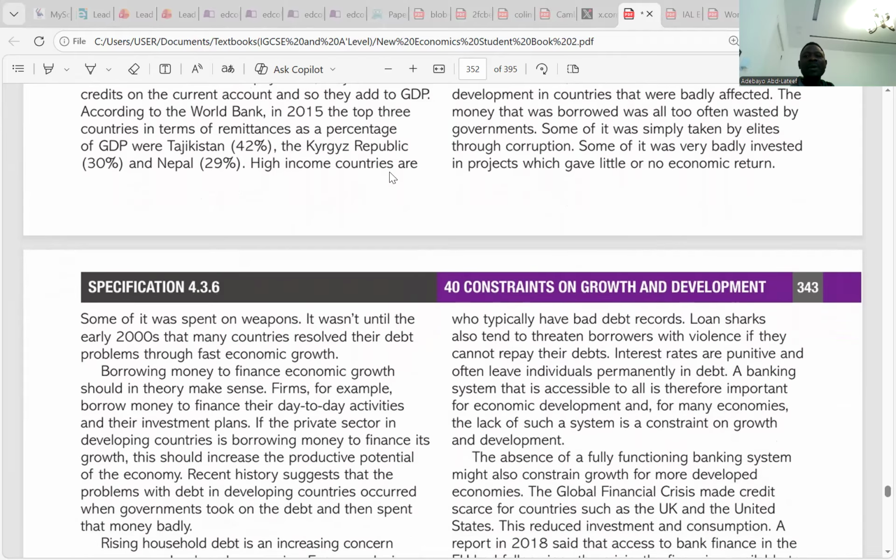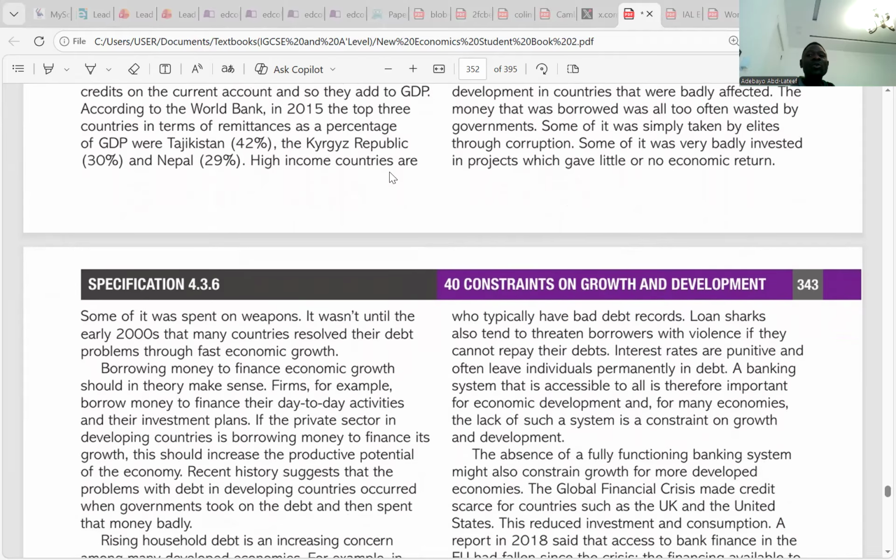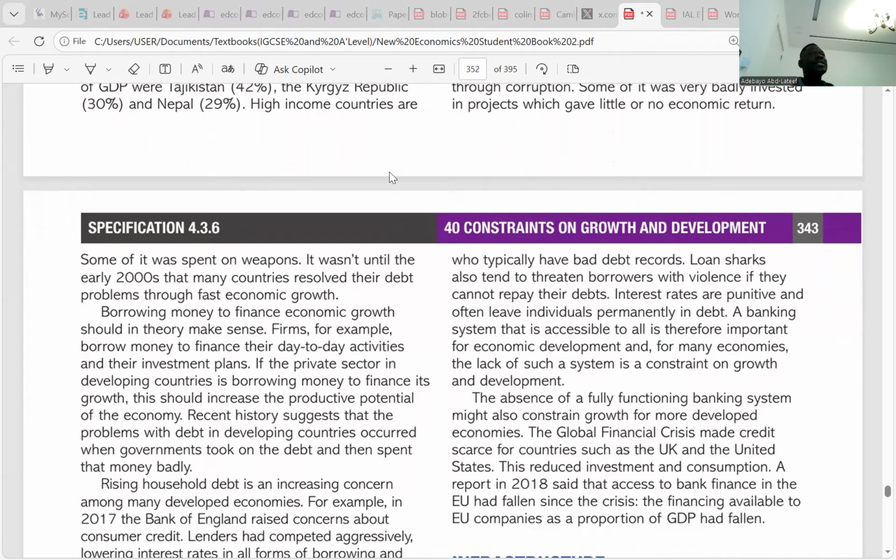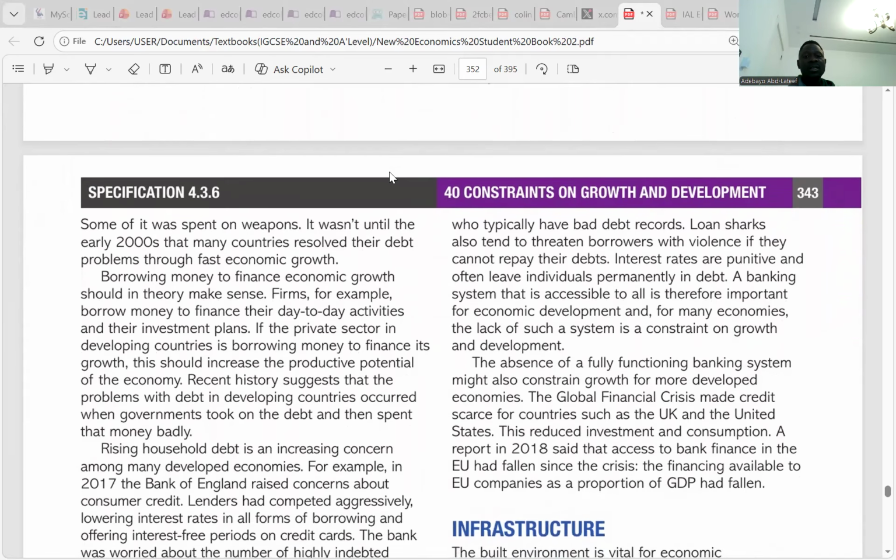Some of it was very badly invested in projects which gave little or no economic return. They commenced projects that would never finish. All because they want money to be tied down on that project to be able to siphon the money. Some of it was spent on weapons. It wasn't until the early 2000s that many countries resolved their debt problem through fast economic growth.